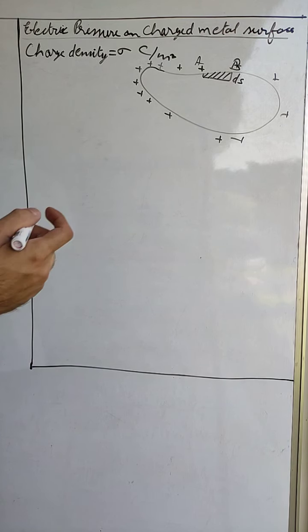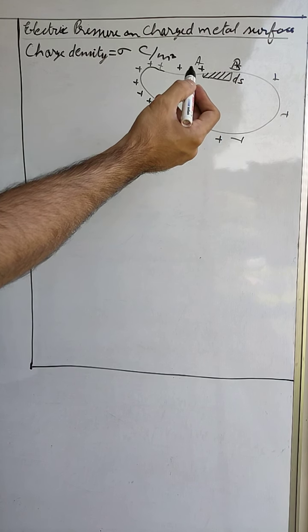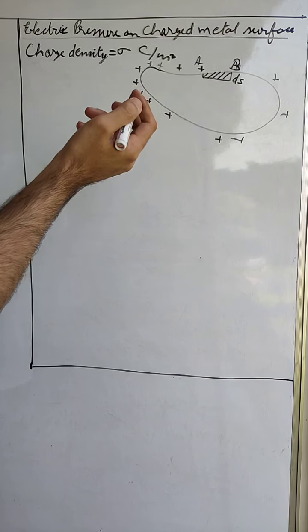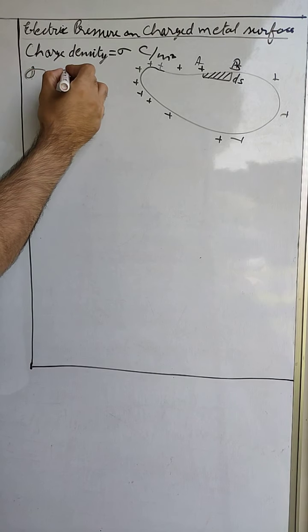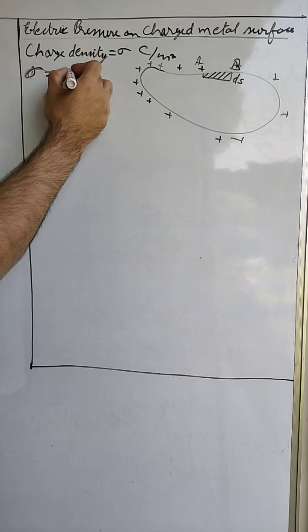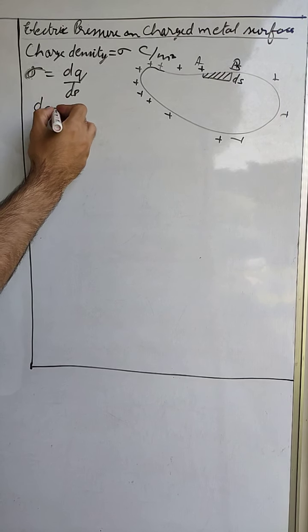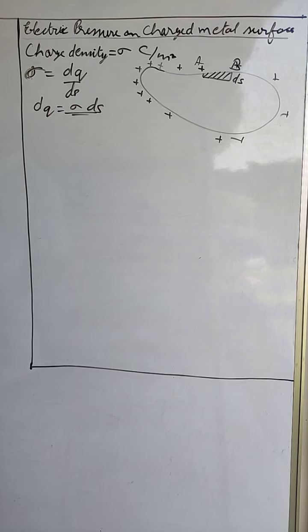Due to the charge on section AB, the charge on this surface area ds, an electric field will be generated. Since sigma equals dq by ds for a small charge area, we can write dq equals sigma ds. This result we will use later in the derivation.